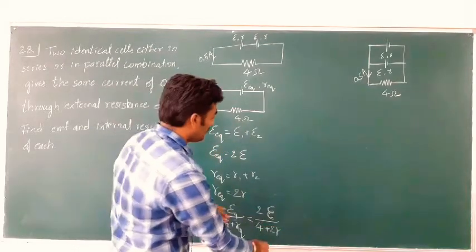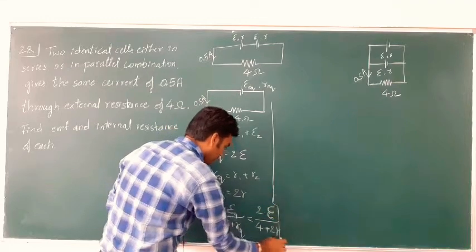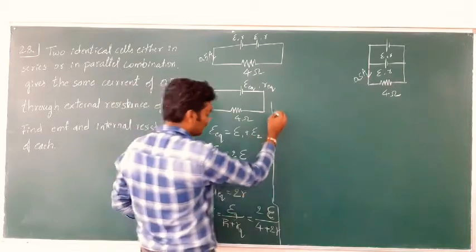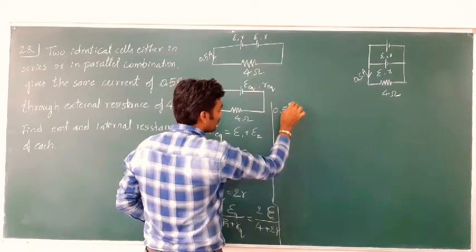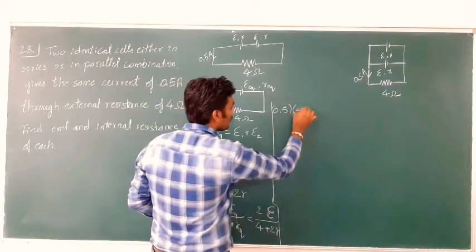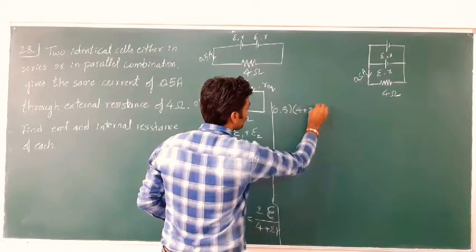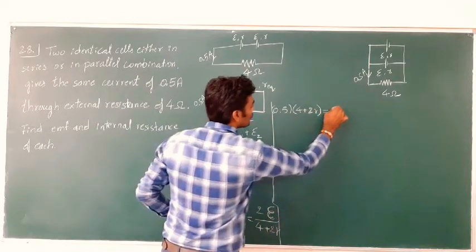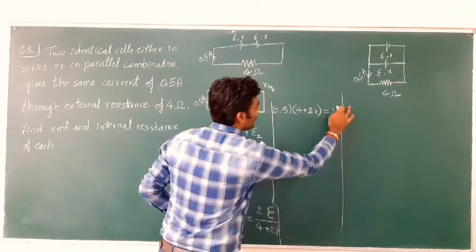Now, let me make few changes in this equation. Look at this. Let me bring, what is I? I is 0.5 ampere, right? So it is going to be 0.5 into 4 plus 2R is equal to 2E, right?